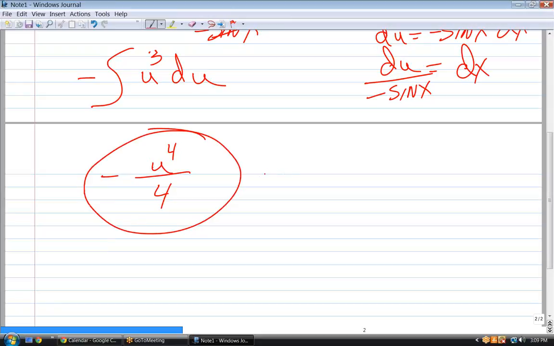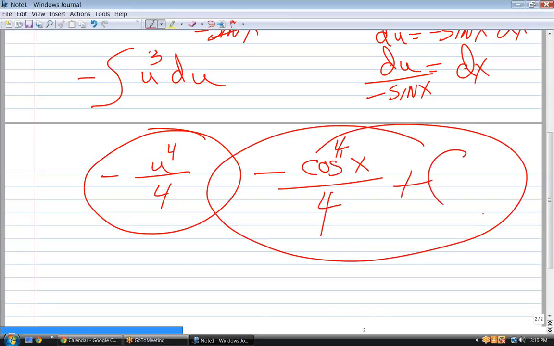Now we resubstitute. Well, u was cosine x, so this is negative cosine to the fourth x divided by 4 plus c if it's an indefinite integral. So yeah, that's one of them.